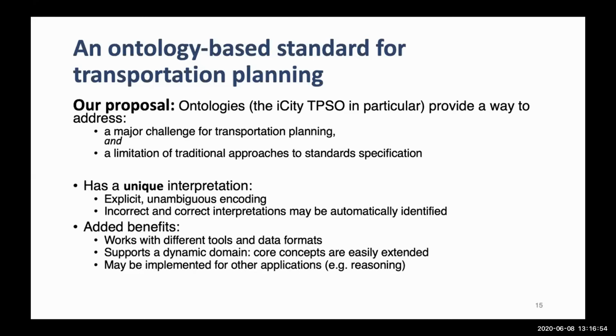And also because of the added benefits that ontologies work with different tools, different data formats, support dynamic domains, and can be implemented for other applications. So beyond just specifying the standard, we can do reasoning and data validation and things like that.